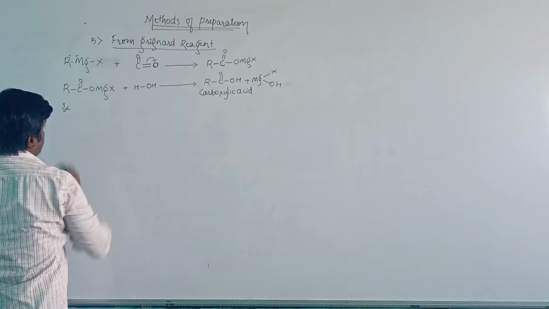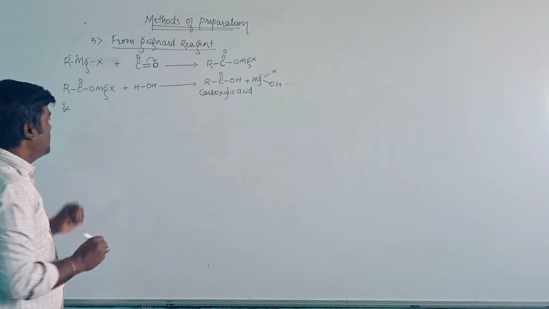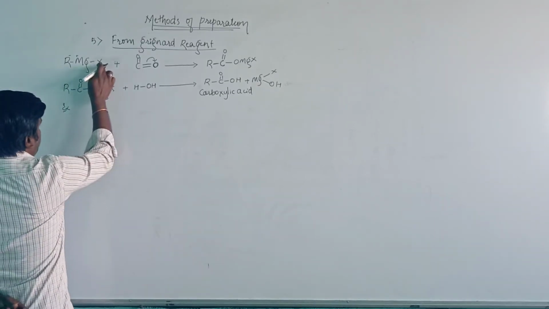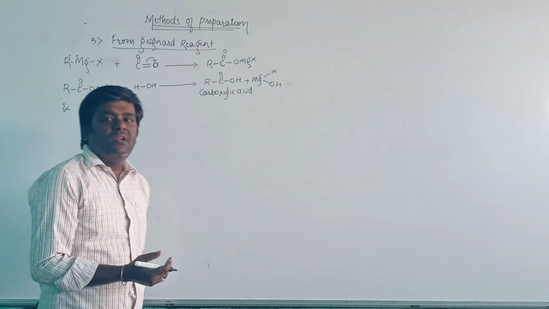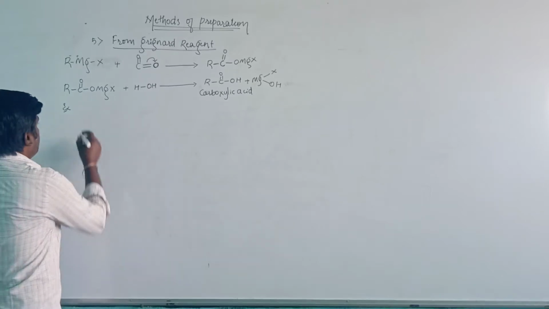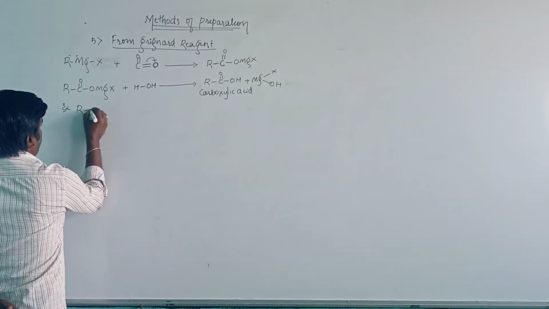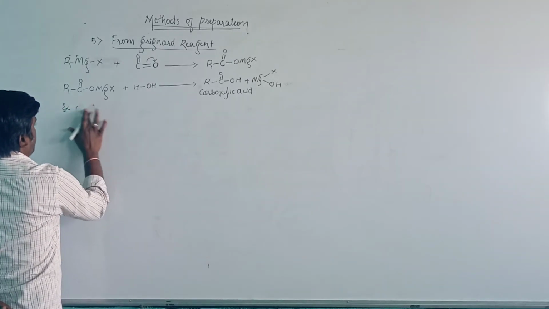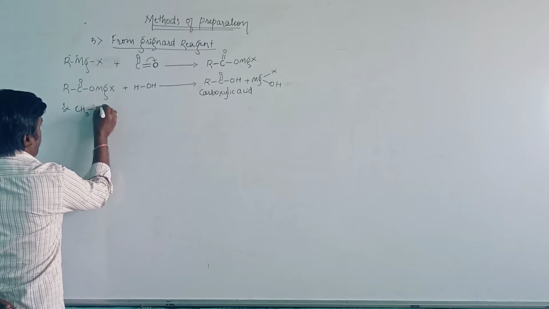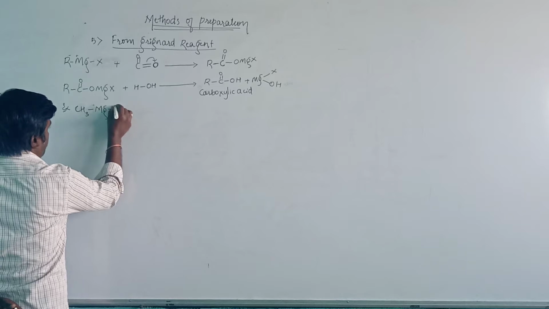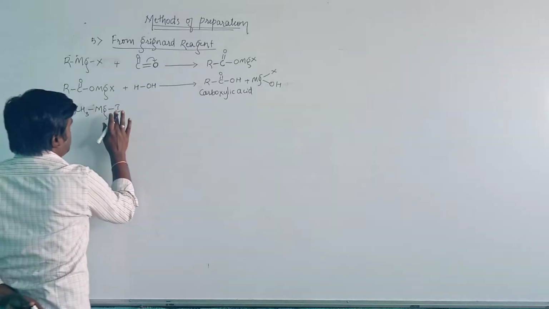Then let us take one example. In the place of R, I will take CH3. In the place of X, we can take chlorine, bromine, or iodine. I am taking methyl magnesium iodide.